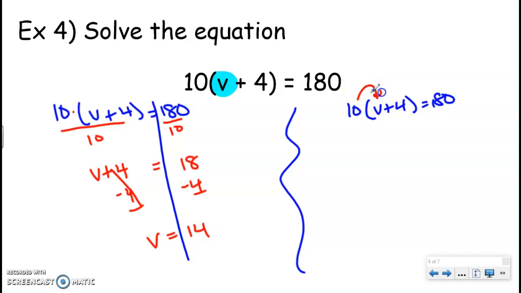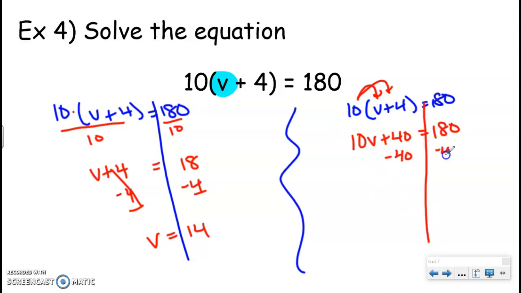The other option is to distribute. If I distribute, you get 10v plus 40. Be careful of your signs if you're going to do this. We don't have any negatives there to worry about. Then subtract 40 from both sides. So I have 10v equals 140, and we're going to divide by 10 on both sides. Okay, both cases I got 14.